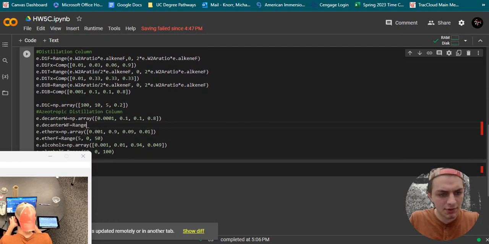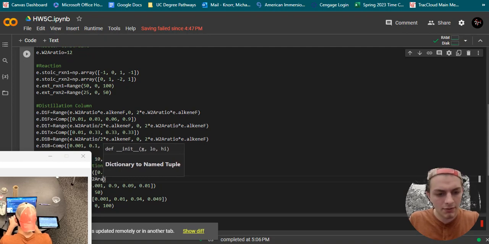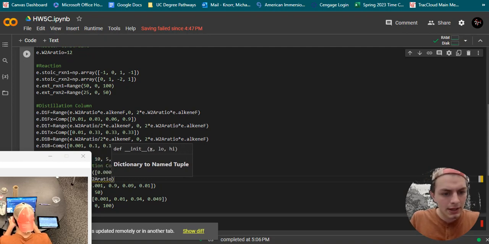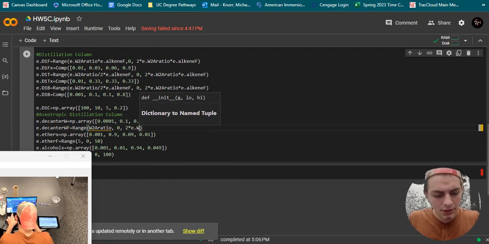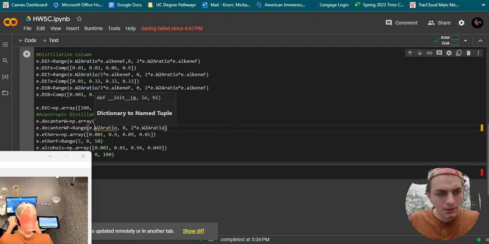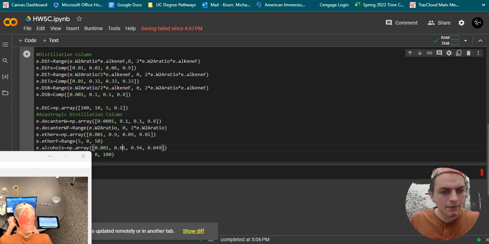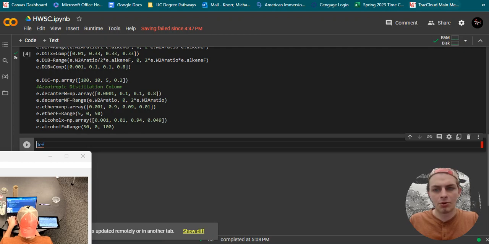We can just make this a range variable again, and then say water to a ratio 0 to 2 times water to a ratio. There we are. Okay. Perfect. Now I think we've defined everything appropriately.